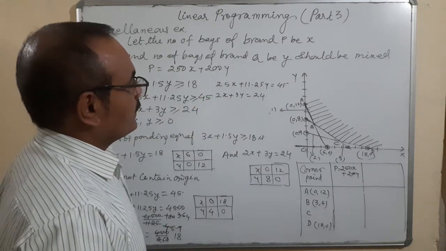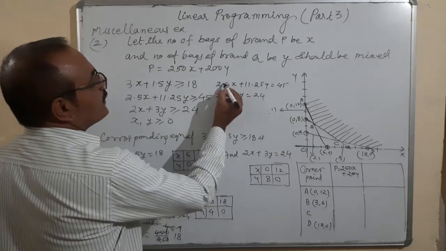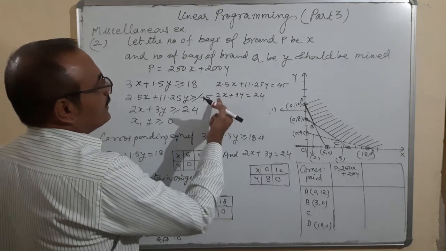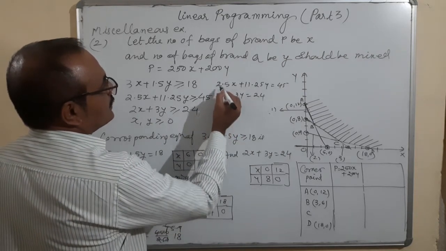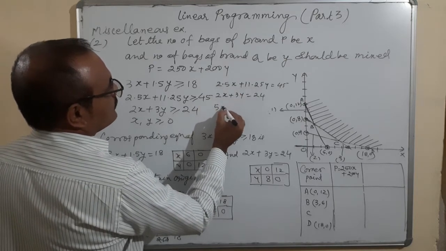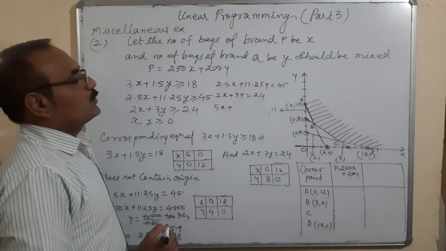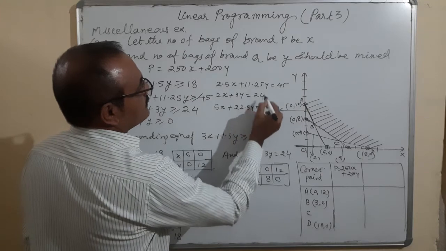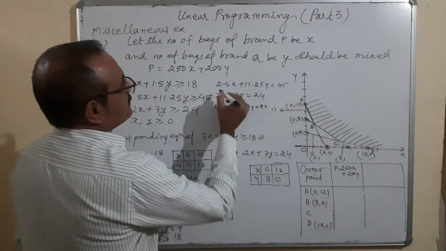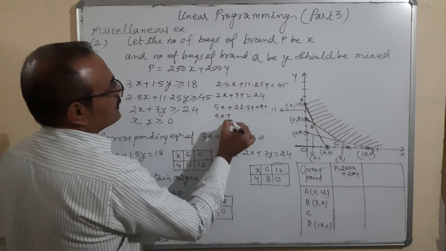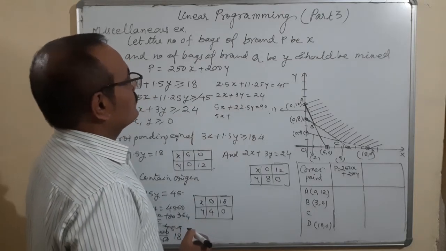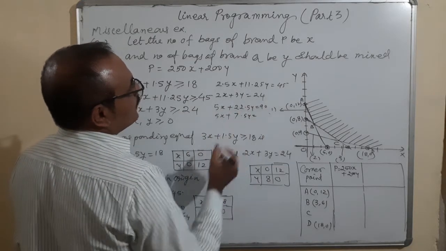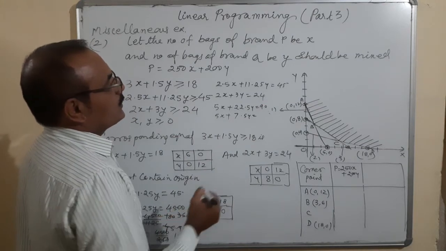Here we are going to multiply by 2.5, because double 2.5 is 5. So the first equation becomes 5x + 22.5y = 90. Multiplying the second by 2.5, it is 5x + 7.5y = 60.